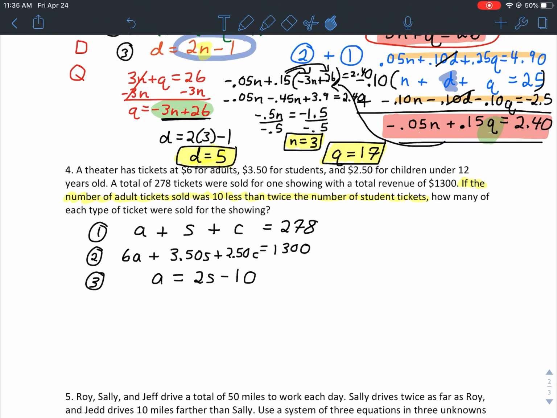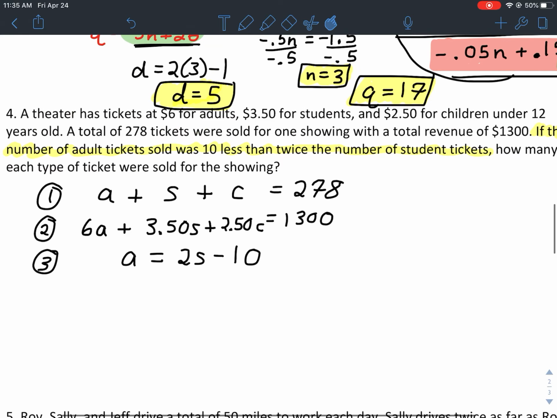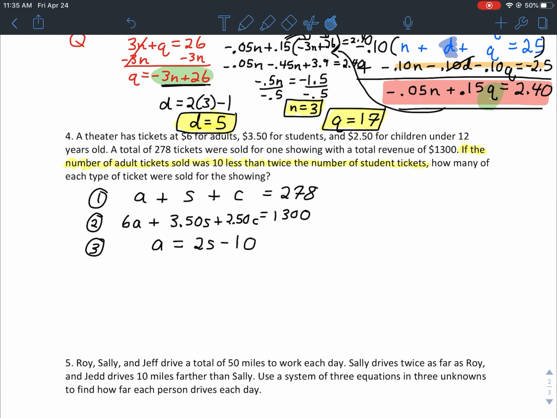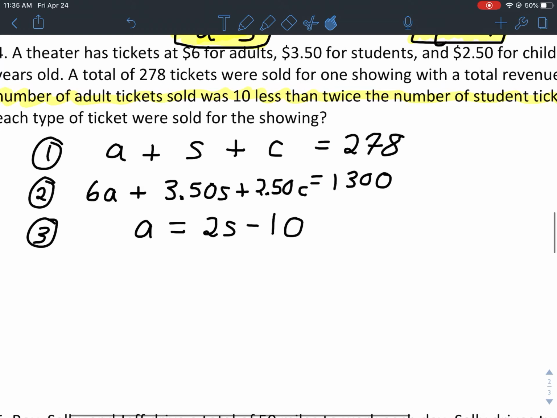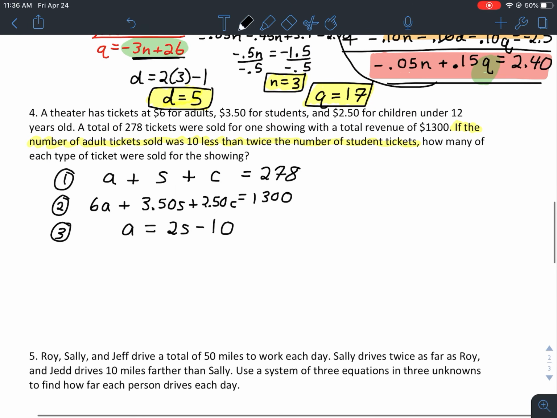The solving is very similar to the last problem that we did. There's obviously multiple ways you can do this, but the first thing that typically sticks out in my mind here is that we should use substitution with 3 into 1. So if we do that, I'm going to take this and substitute it in for A here.